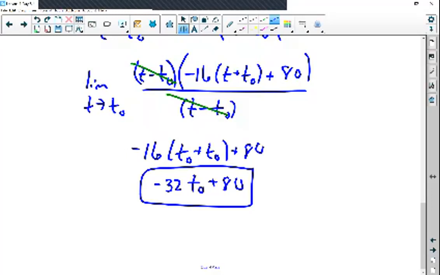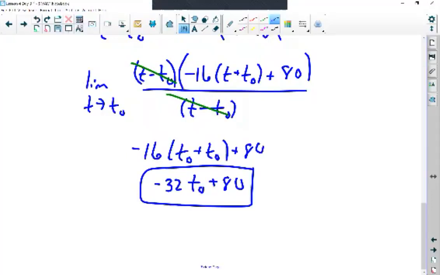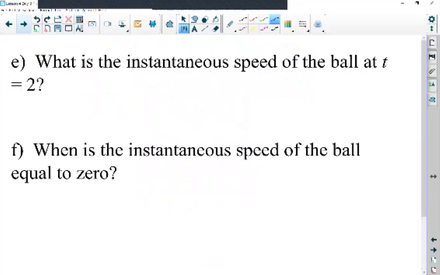It's a lot of work. But we feel good having done it, right? All right. So now we're going to ask some questions. What is the instantaneous speed or instantaneous velocity at t equals 2? Well, we already know the instantaneous speed at any time is going to be negative 32 t sub 0 plus 80.